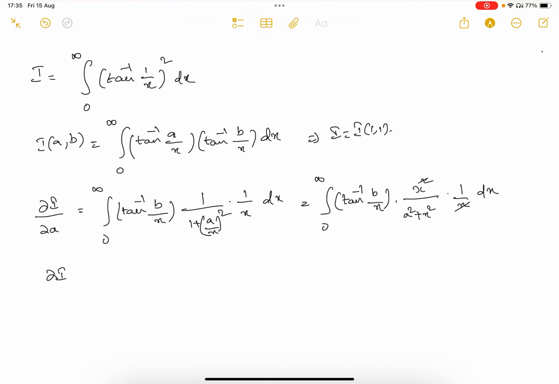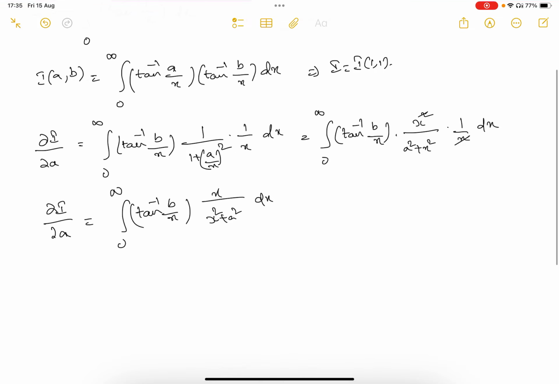So finally dou I by dou a is integral 0 to infinity tan inverse b by x into x by x square plus a square dx.